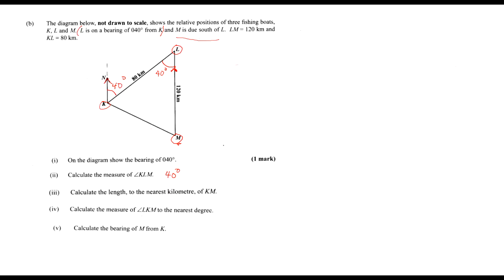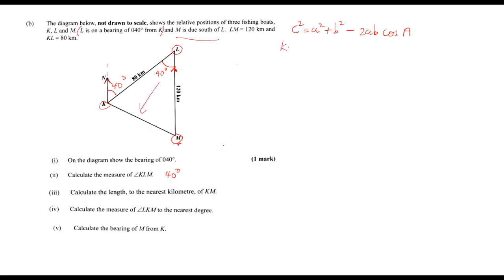So let's set up the cosine rule first, which is c squared is equal to a squared plus b squared minus 2ab cos A. Now c is a length that is opposite the angle, so this is the length we are talking about here, which is KM.